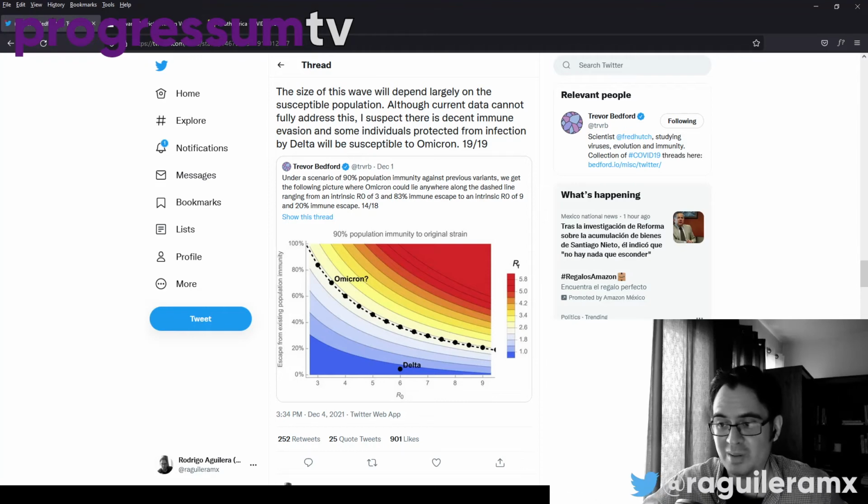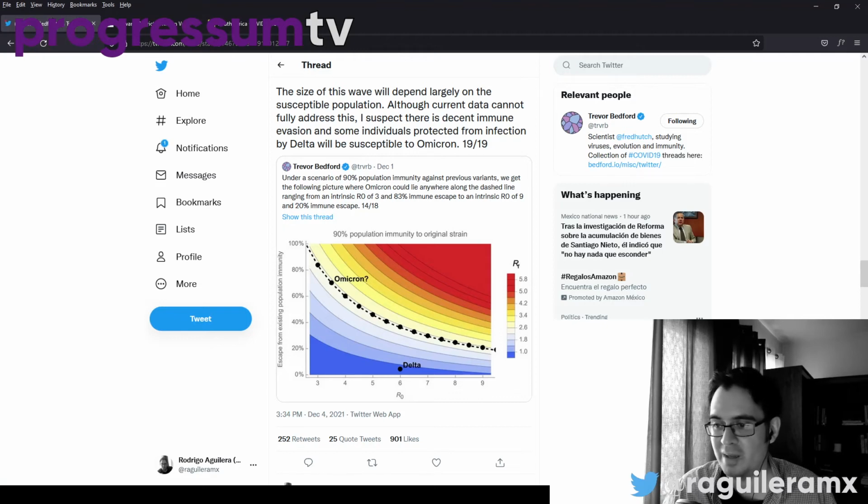You can still have a lot of people dying. So this is why we need to really focus on the issue of transmissibility and why that's still concerning. But insofar as the vaccines work, I think even if Omicron spreads, we should be okay.